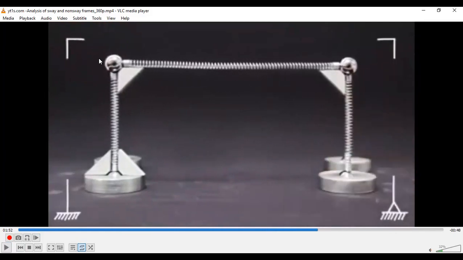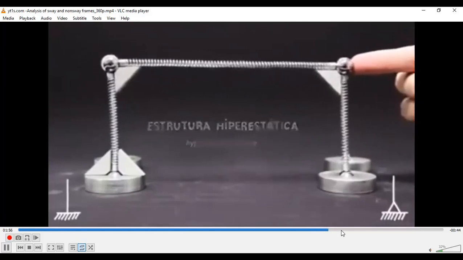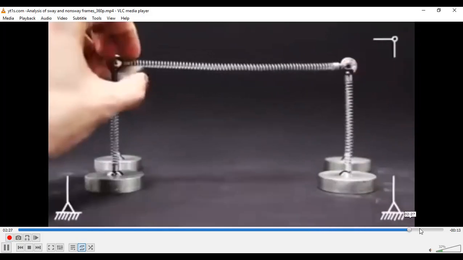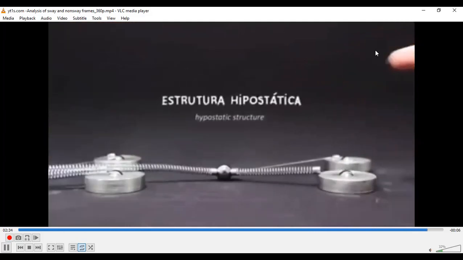There's a reason behind everything, so rather than just watching a video, please check why. It's a continuous joint and there's a fixed condition. Always try to interpret this: why is it happening? The sway action means completely this movement, this horizontal movement when a lateral load is applied.